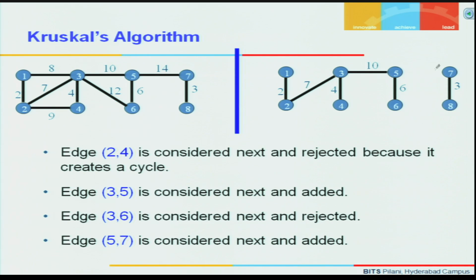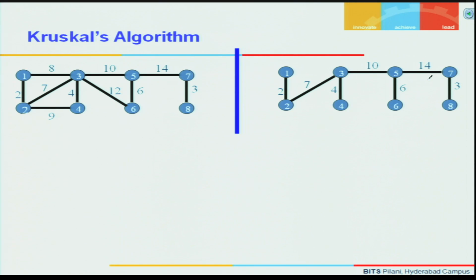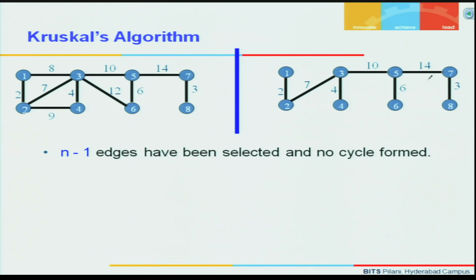So the next weighted edge happens to be 14, I will put it, and that is how I covered all the edges, and hence I will stop the algorithm and say that this is a minimum spanning tree.